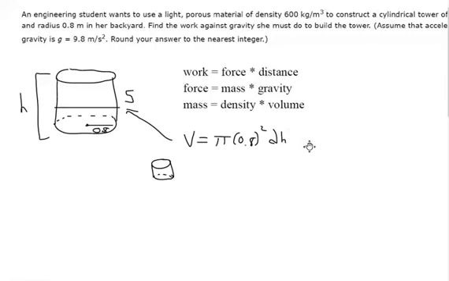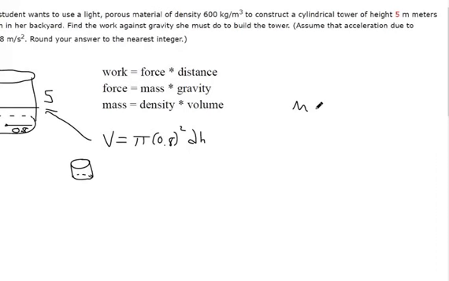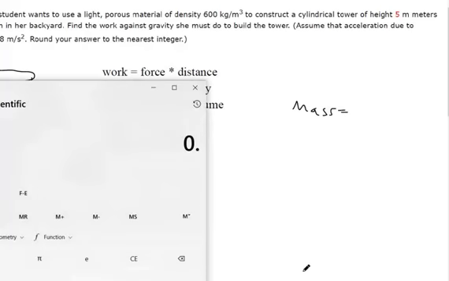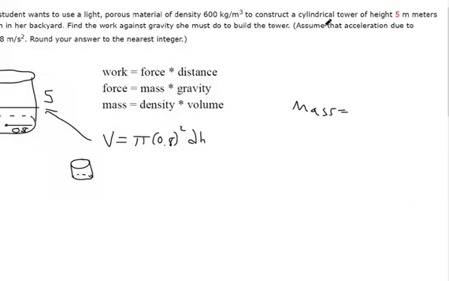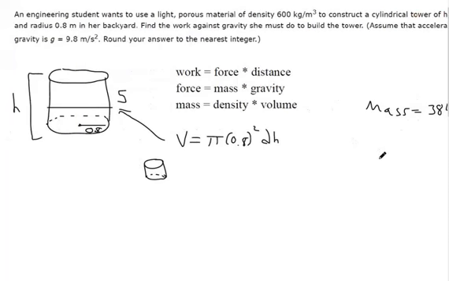And if we multiply that by the density, I'll do 0.8 squared times the density, which is 600. That's 384 pi dh, which is our mass.